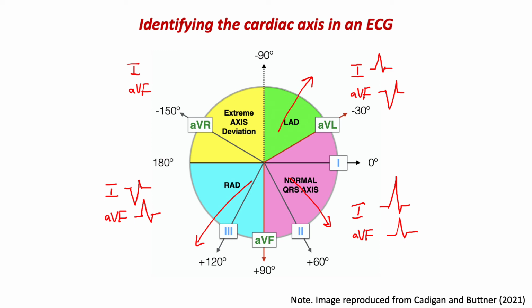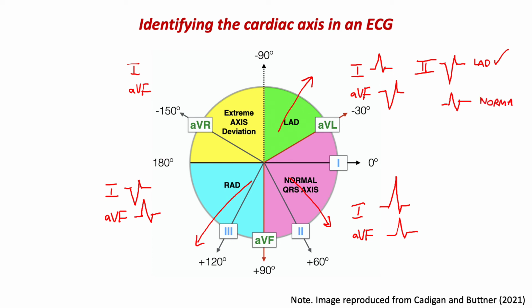So to get around this, we basically just additionally look at lead 2. And if the impulse is additionally negative in lead 2, you've got a definite left axis deviation. But if in lead 2 the QRS complex is sort of equiphasic, meaning it's the same distance above and below the isoelectric line, then you've just got a normal axis.